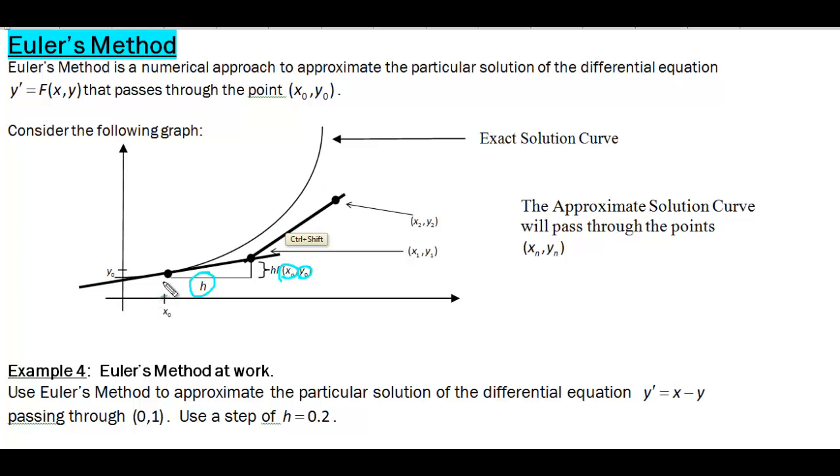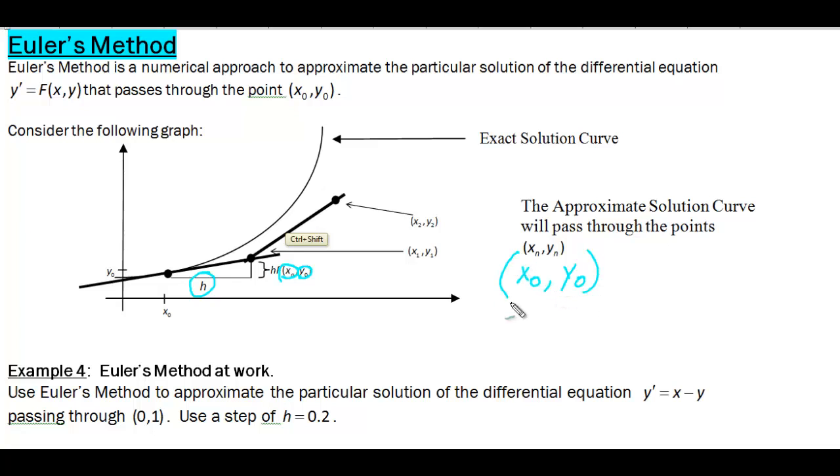So we take our first values, x0, y0, and we see, okay, with this slope that's there, we're going to go over, we're going to change x by h, and we're going to go up by h times the derivative at that point. And then to get from x1 to x2, we're going to go over by h and go up by multiplying that.